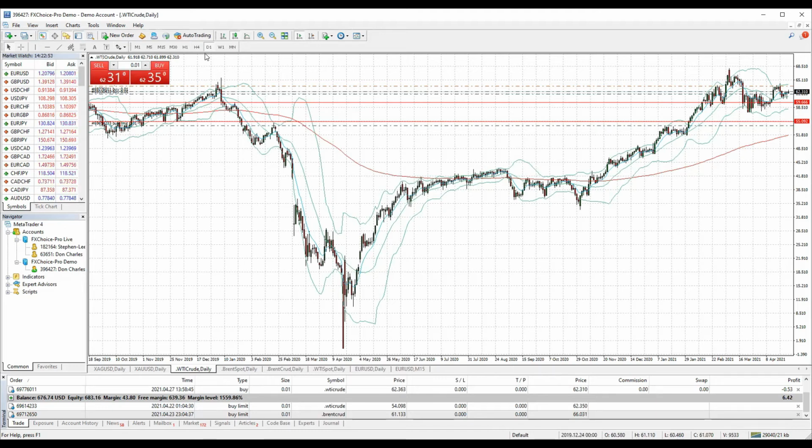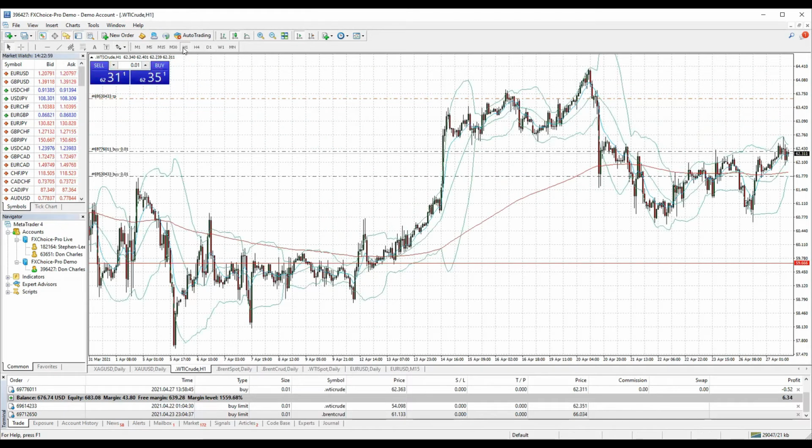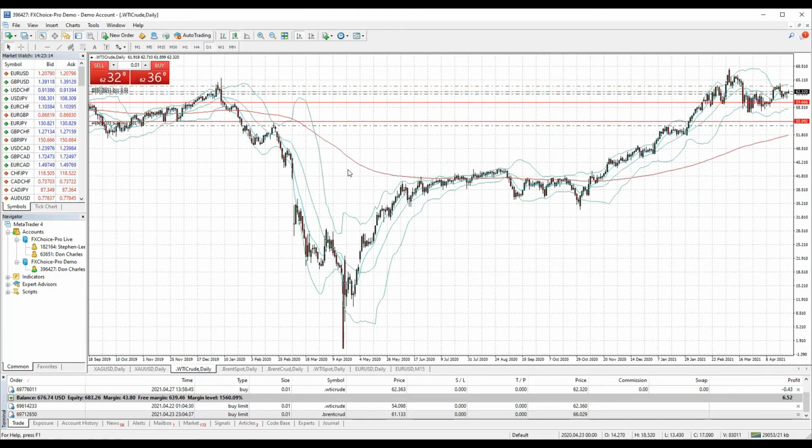If we switch from the 1 day chart to a shorter time period, let's say we look at the 1 hour chart, this can show us short-term movements in the price of the asset. The longer period charts show the overall direction of the price of the asset. However, the shorter periods show the shorter term movements in the price of the asset.